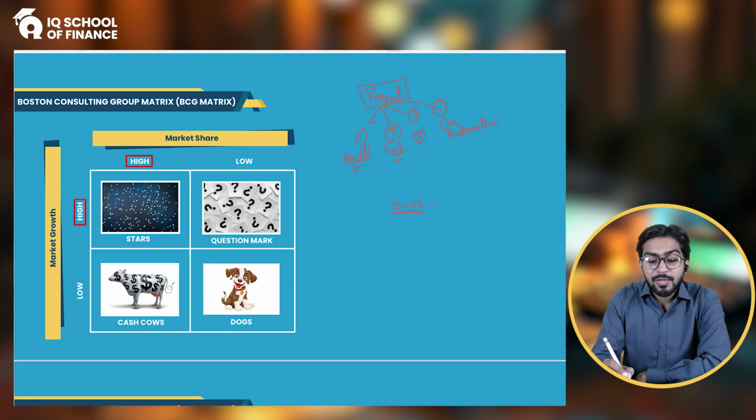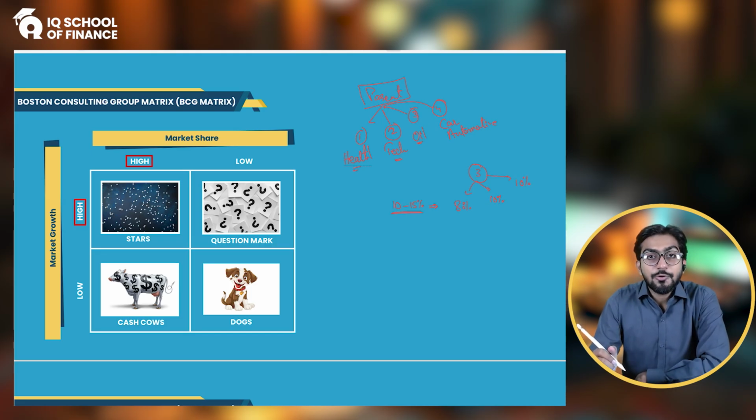So 10 to 15% is, in normal scenarios, a high share because you are having a substantial share in the market. But for example, if I say that there are only three players in the market, one player has 80% share, you have 10% share, and the other company also has 10% share.